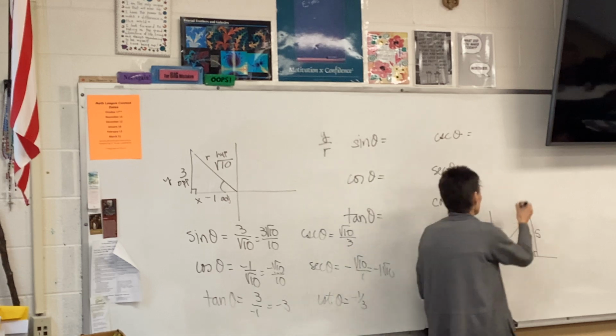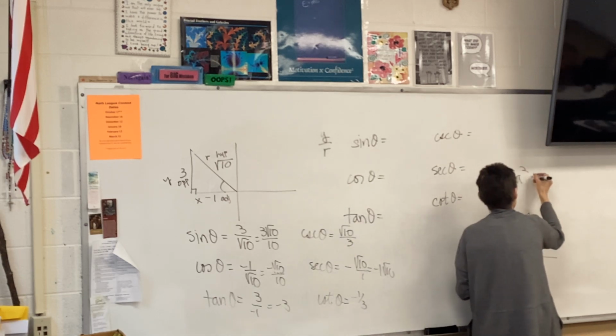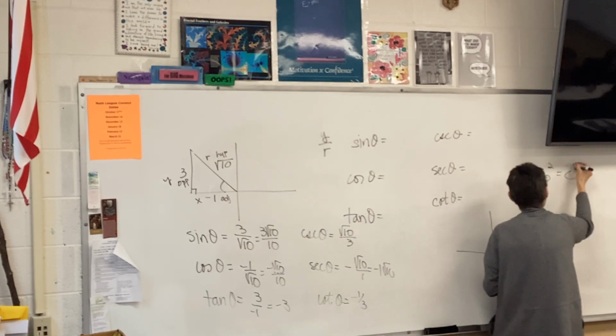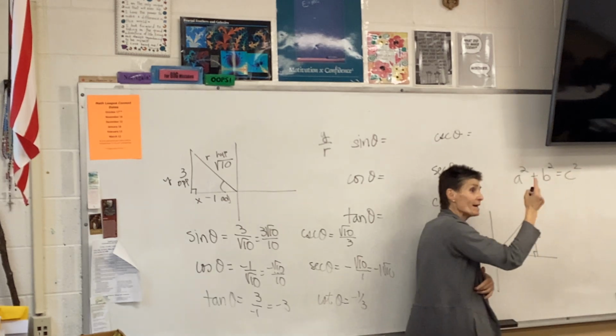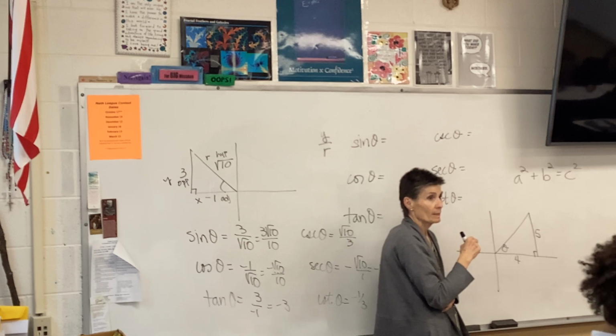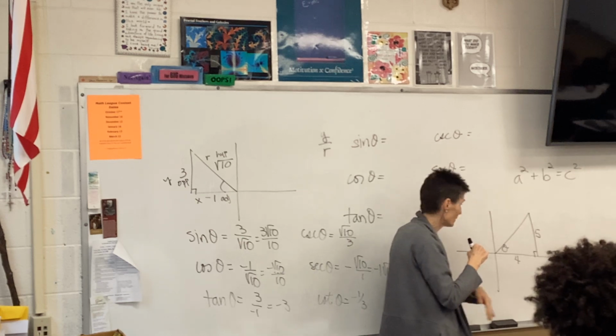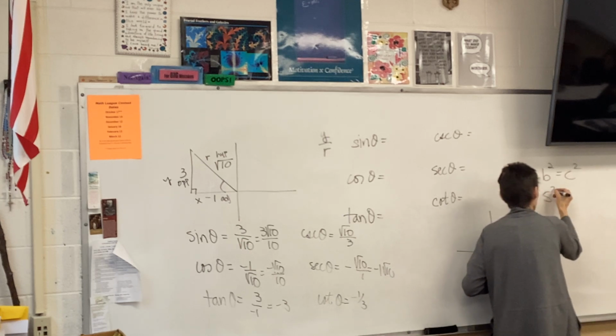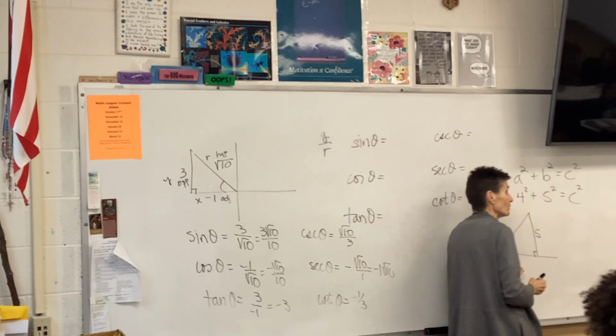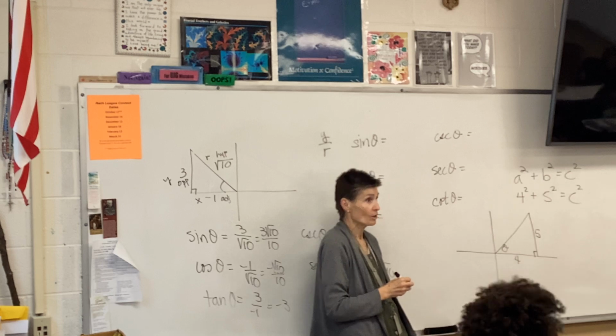A squared plus B squared equals C squared. And Noah and others that are struggling with this, write that down. Okay. And then plug in, A is 4, B is 5, and C is my hypotenuse, which is what I don't know.